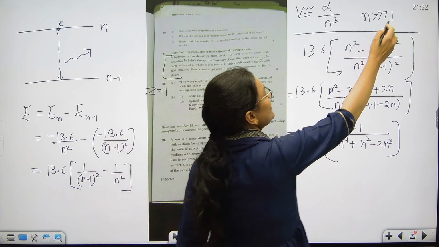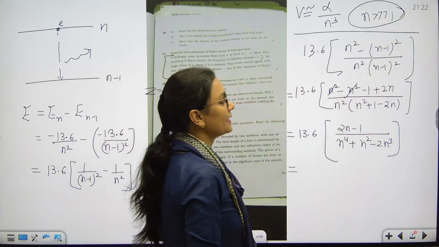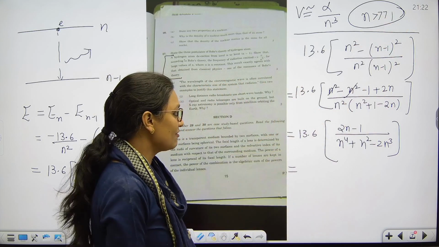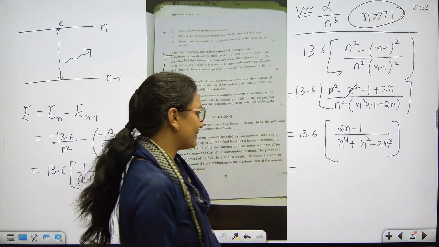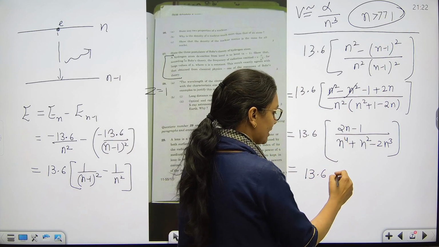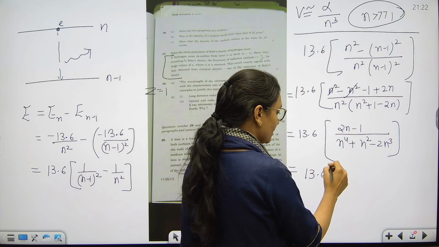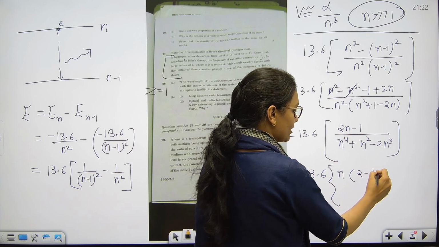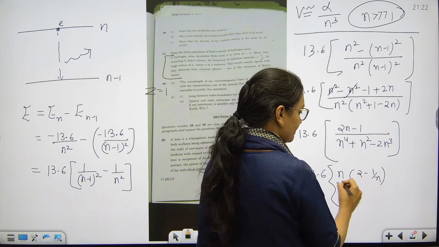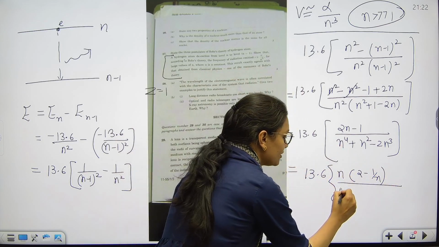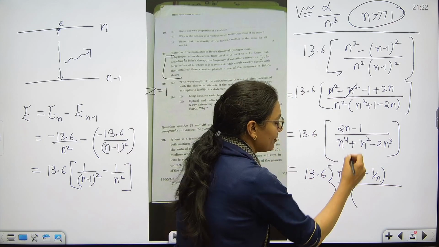Now the very important thing written here is n is much greater than 1. n is very large. If n is very large, we'll do one trick: we can take n outside. If I take n outside, in the bracket we'll have 2 minus 1 upon n. Here I'm taking n to the power 4 outside, so in the bracket I'll have 1.